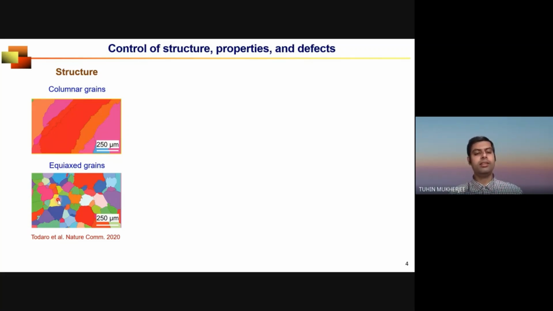In contrast, the smaller equiaxed grains are much better because you need to apply a high amount of stress to separate them. So our desire should be to transform the solidification morphology from columnar to equiaxed. That is the control of structure.